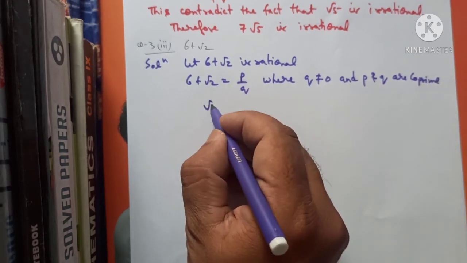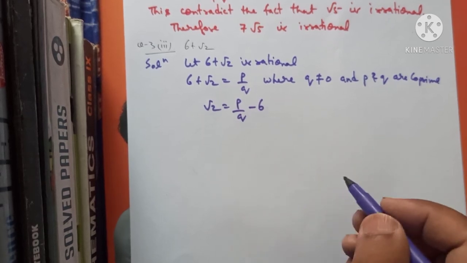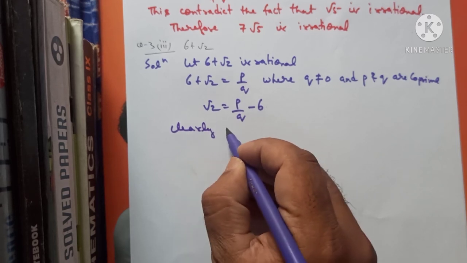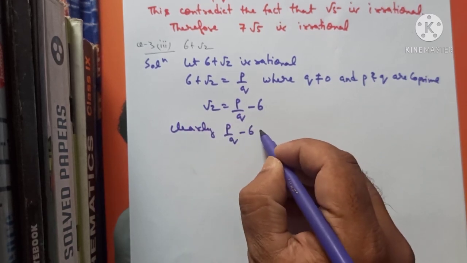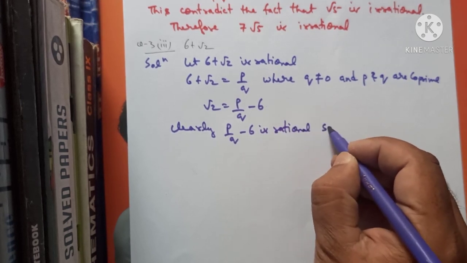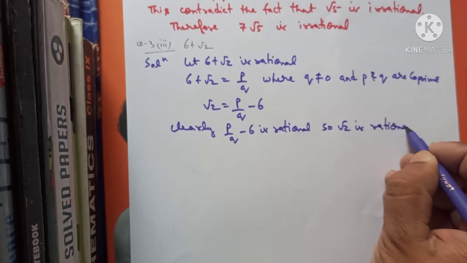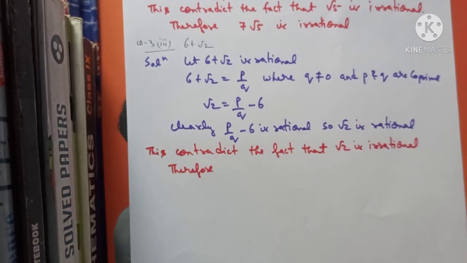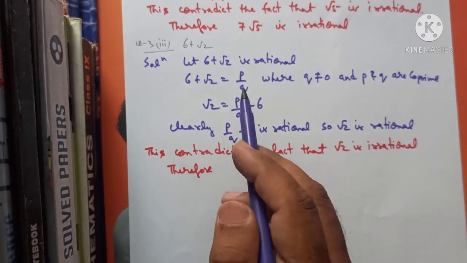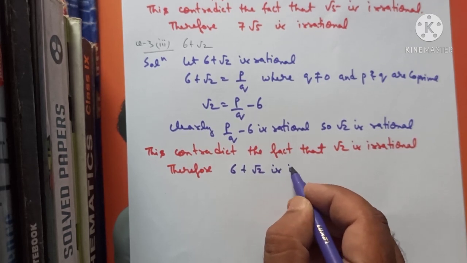Then we can say that root 2 is equal to P upon Q minus 6. Clearly, P upon Q minus 6 is rational. So root 2 is rational. This contradicts the fact that root 2 is an irrational number. Therefore, the above assumption is wrong. So 6 plus root 2 is irrational.